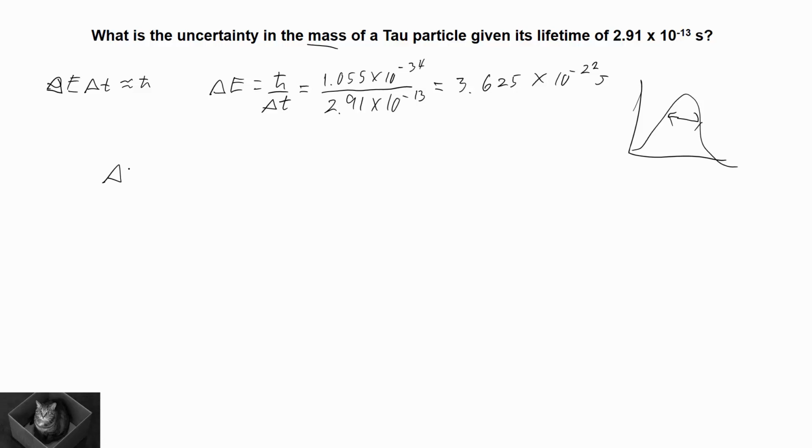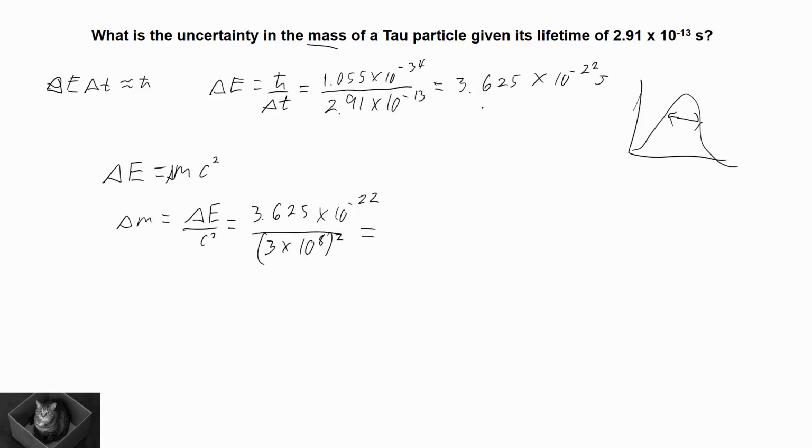And so if we rewrite E equals mc squared, c squared we're going to say is pretty well known. So the uncertainty in energy is related to the uncertainty in the mass. To get the uncertainty in the mass, we just take the uncertainty in the energy and divide it by c squared, which is easy enough to do. So 3.625 times 10 to the negative 22 over 3 times 10 to the 8th, because that's the speed of light, right?